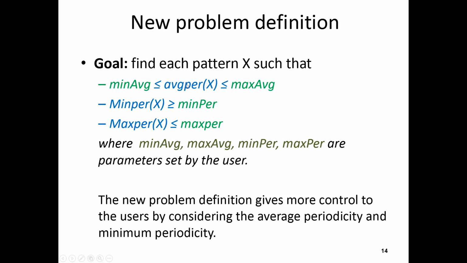And we want the minimum periodicity of X to be greater than some minimum and the maximum to be smaller than some maximum. So here we have 4 parameters. It is actually more parameters than before, but we give more control to the user to find the patterns that the user really wants in terms of periodic patterns.